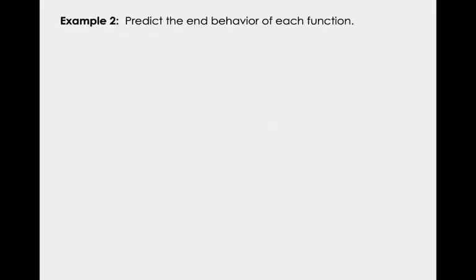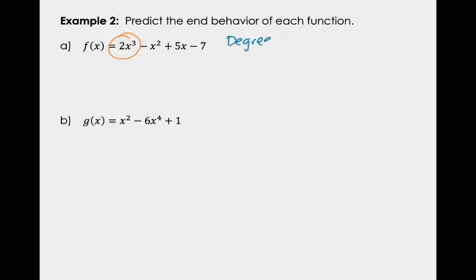All right, so let's look at those functions that we already listed the degree and leading coefficient for and just predict the end behavior. Remember this one, we found that the degree was equal to 3. This is the same function we did in the last video, and the lead coefficient was equal to 2.